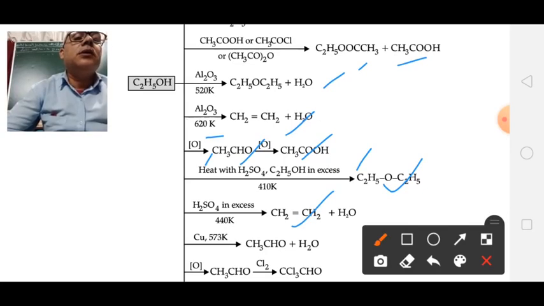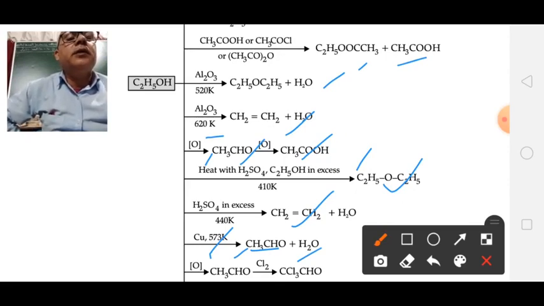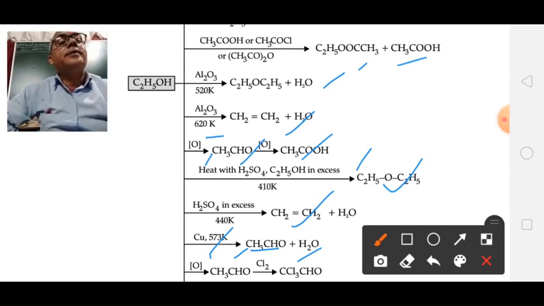Okay, similarly with copper at 573 K, ethanol gives acetaldehyde, which on chlorination gives chloroacetaldehyde, dichloroacetaldehyde, and trichloroacetaldehyde.